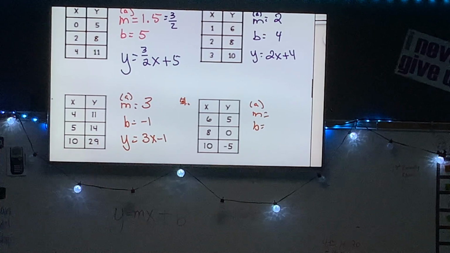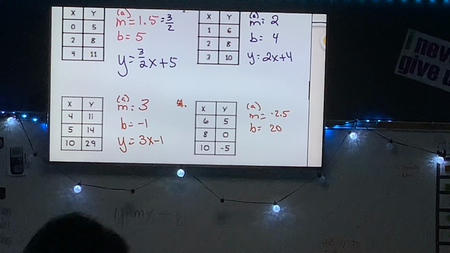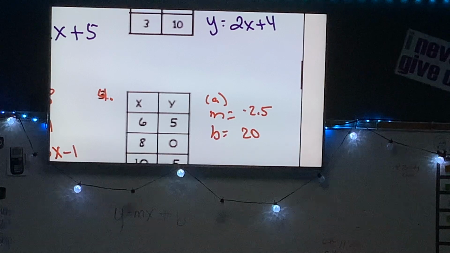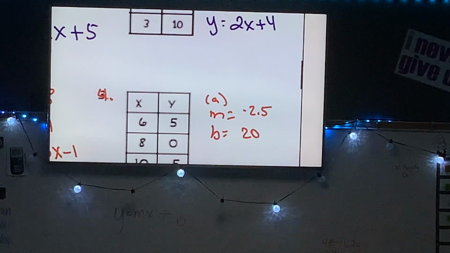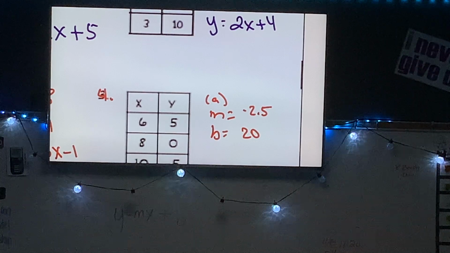Okay, what was my slope? Okay, what is my y-intercept? What if they don't have decimals as an answer choice? Change it to a fraction. How do I do that? Go to a normal calculator. But they could have negative 2.5 as an answer choice. So I'm letting you know that's not always going to be written as a fraction. Okay, so don't panic.